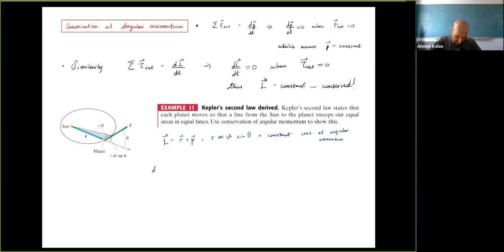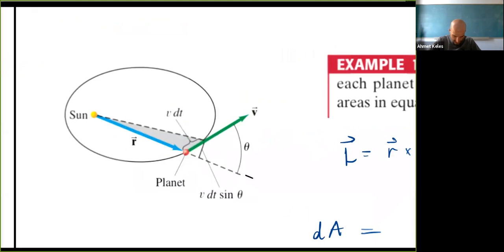If you sweep equal areas in equal time, that means dA dt is constant, right? Or maybe I can first calculate dA and see if dA dt is constant. So let's look at this. In an infinitesimal time, this is the sun, that's the planet.